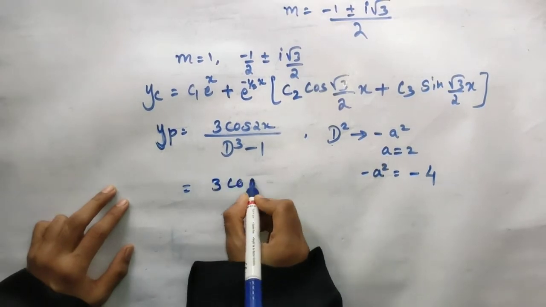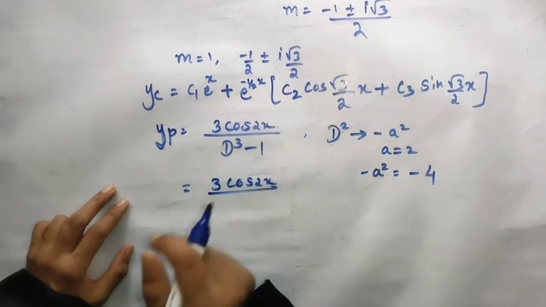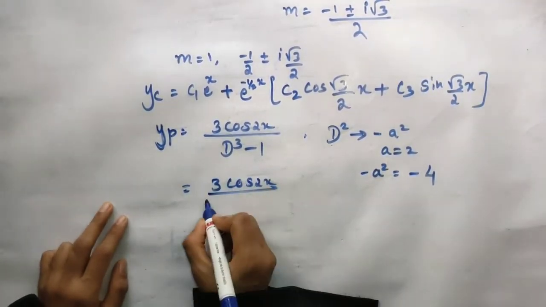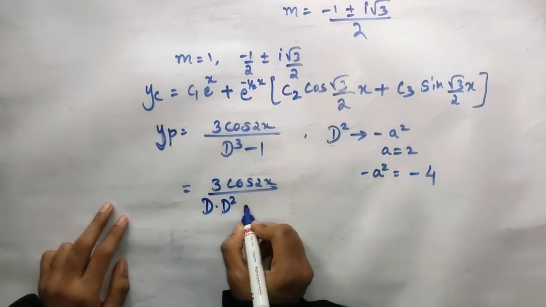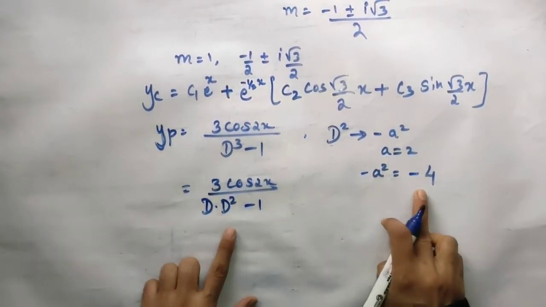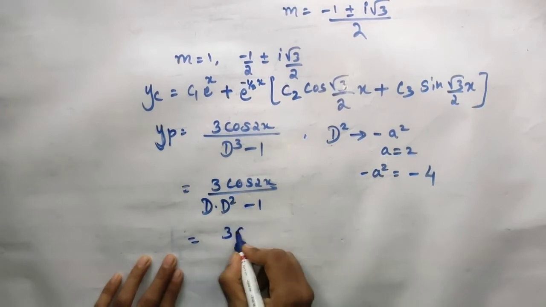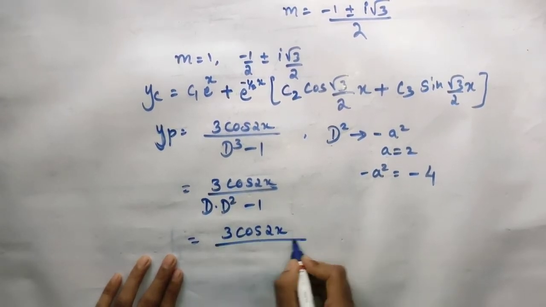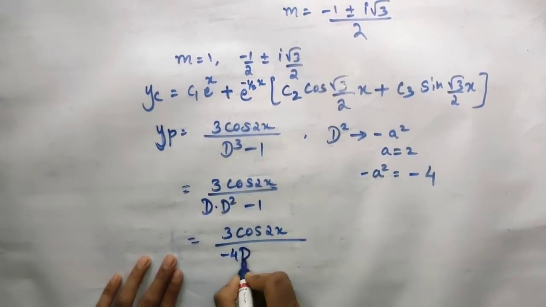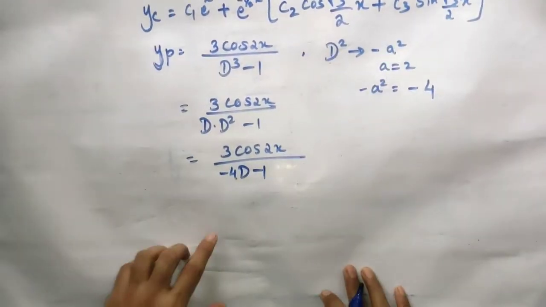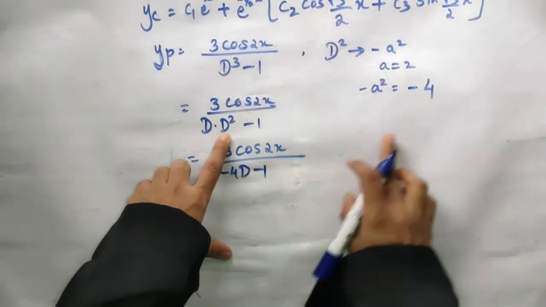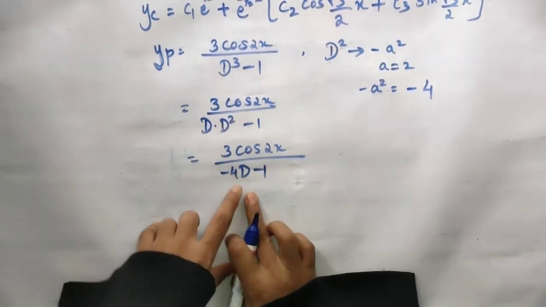Now d cube is there, d square is not there, but d cube can be written as d into d square, minus 1. In this d square we are going to write minus 4. So it is 3 cos 2x divided by minus 4d minus 1. In place of d square you are writing minus 4, d as it is, minus 1.